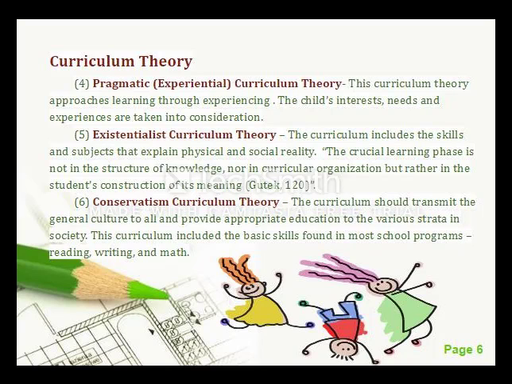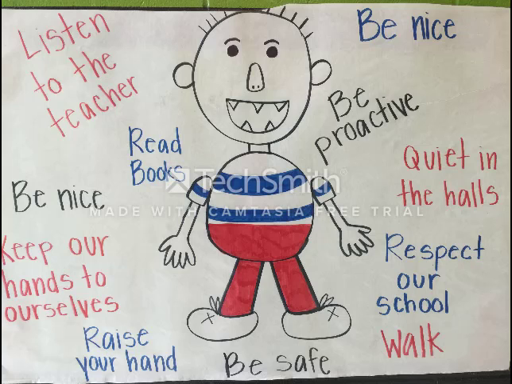Conservatism curriculum theory. The curriculum should transmit the general culture to all and provide appropriate education to the various strata in society. This curriculum includes the basic skills found in most school programs: reading, writing, and math.